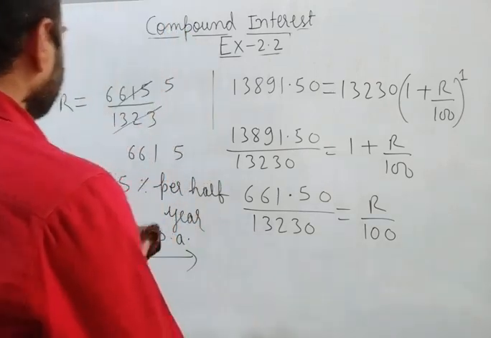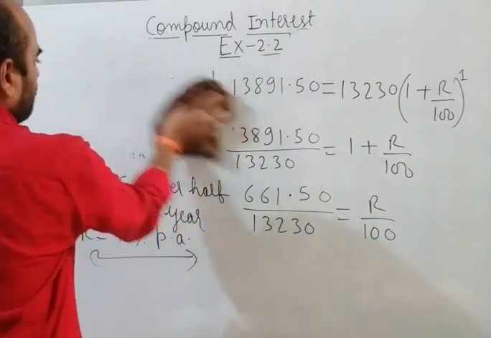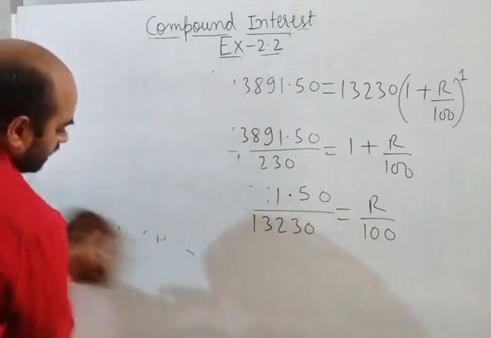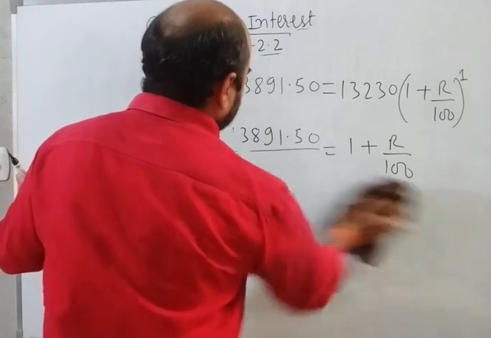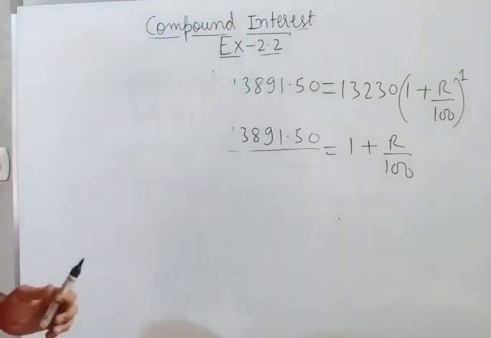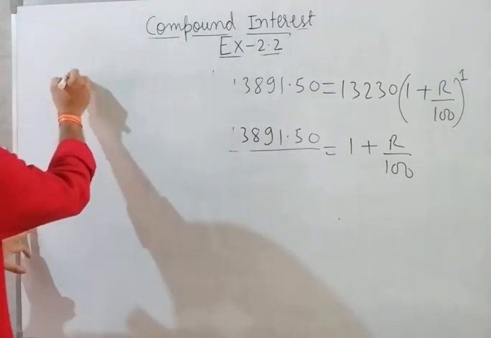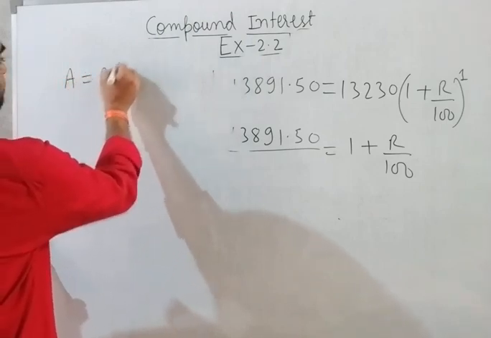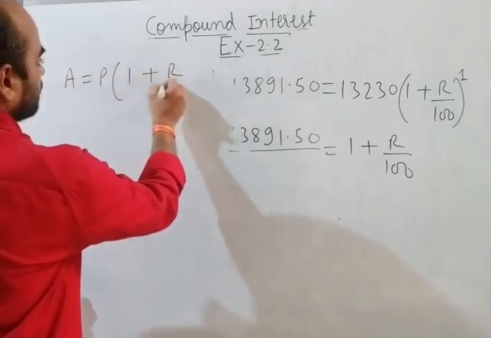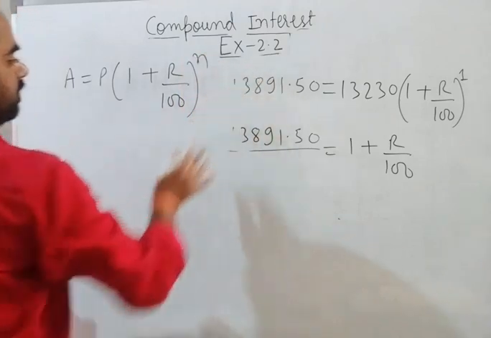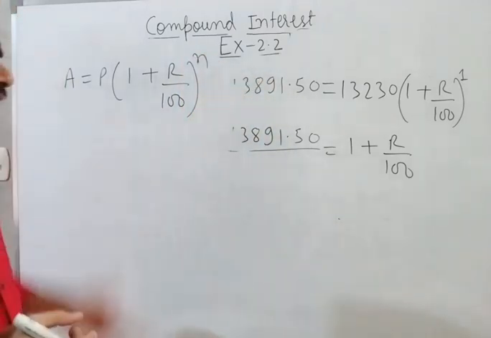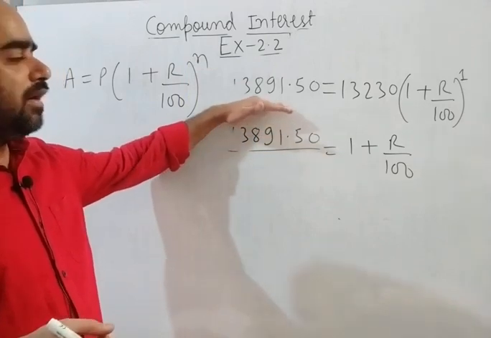Next is we have to calculate what? Sum also. Sum means original principal. So we have to apply the formula. Which formula? Very easy. This is the formula. Correct? And so we will take the amount given. This is the amount for 1 year.